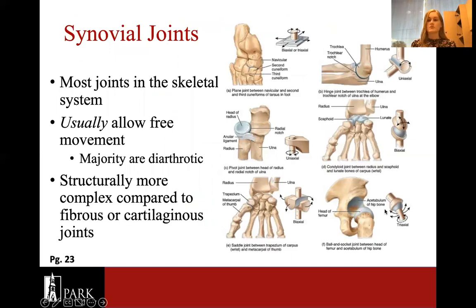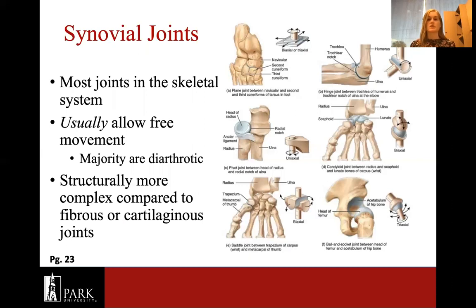So these synovial joints are going to be the most common joints in our body, in our skeletal system. They usually allow free movement. The majority are diarthrotic, which means fully movable.